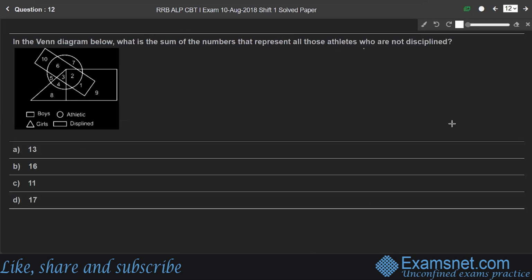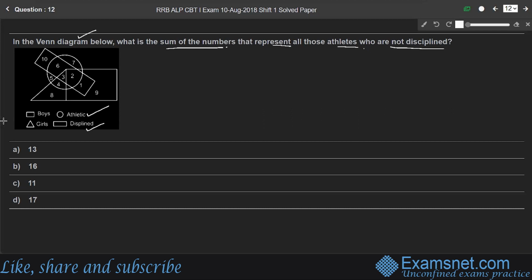Question number 12. In the Venn diagram below, what is the sum of the numbers that represent all those athletes who are not disciplined? Here we need to find the number of athletes who are not disciplined. Look at this rectangular symbol. The rectangular symbol indicates disciplined students, whereas athletic students are in the circular set.